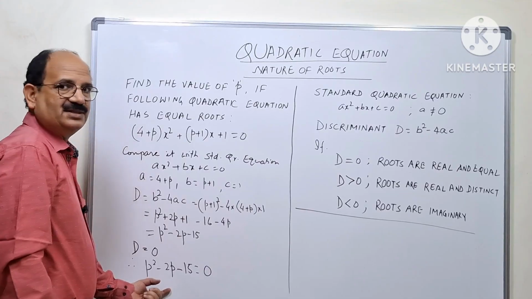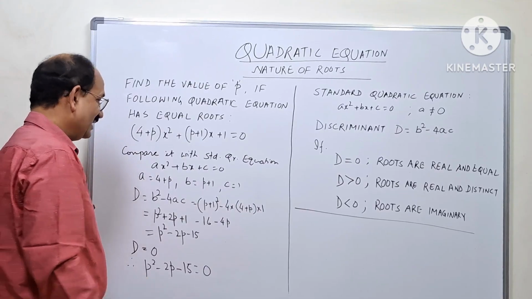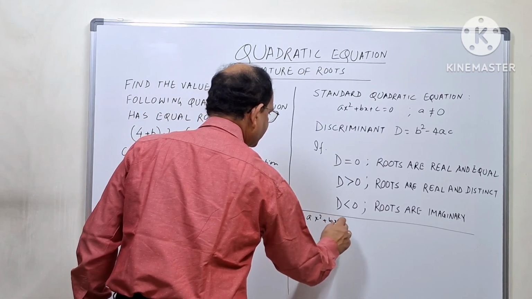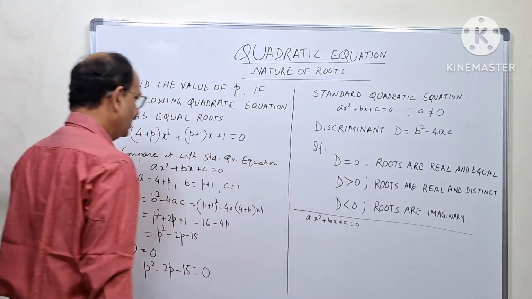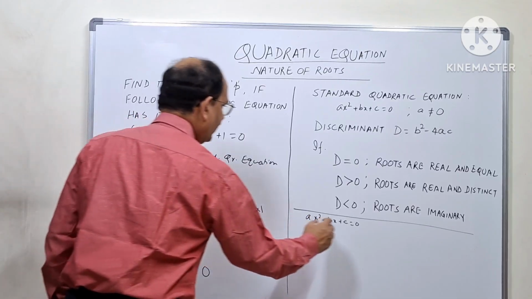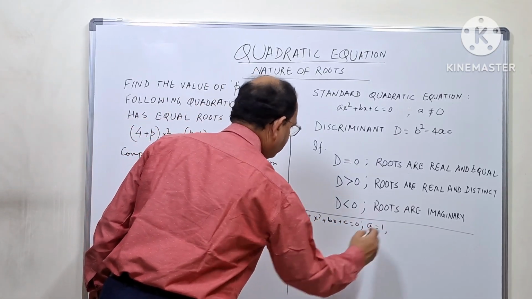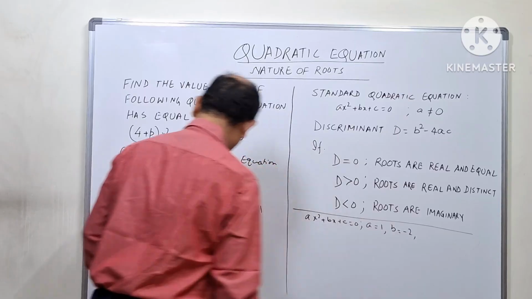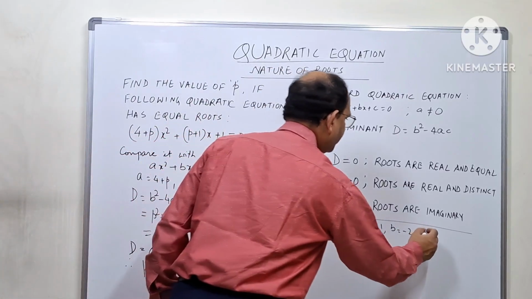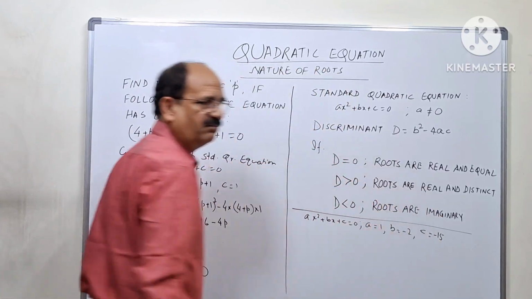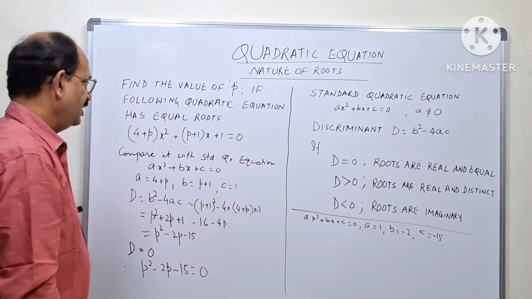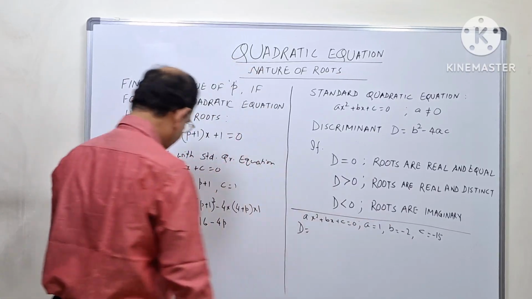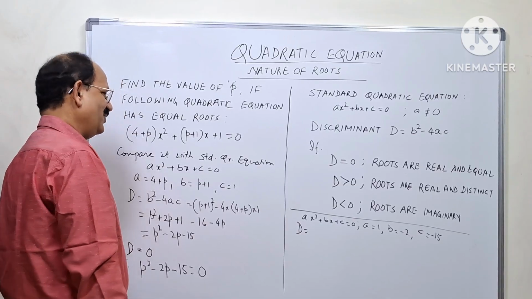Now in this particular case, this is also a quadratic equation. So let us now compare that with the standard equation of ax square plus bx plus c equal to 0. When we compare that, the value of a is equal to 1, value of b will be equal to minus 2, and value of c will be equal to minus 15, right? So then, if we find discriminant of this quadratic equation, what we'll get?